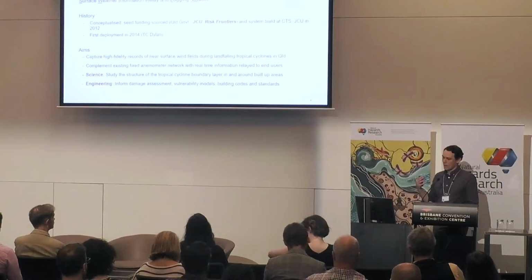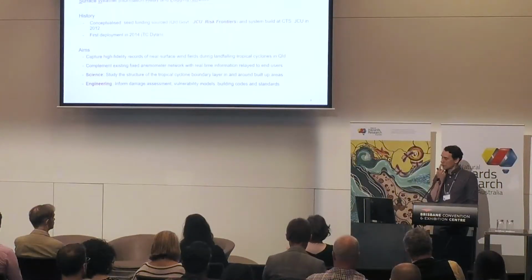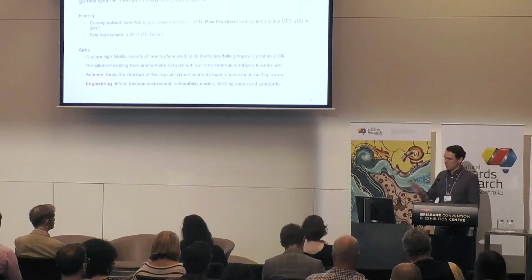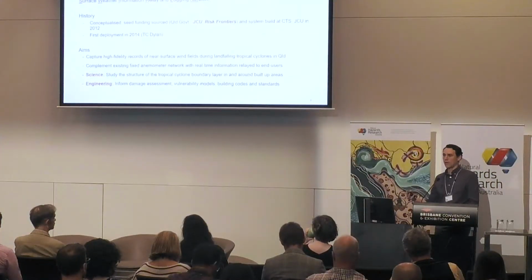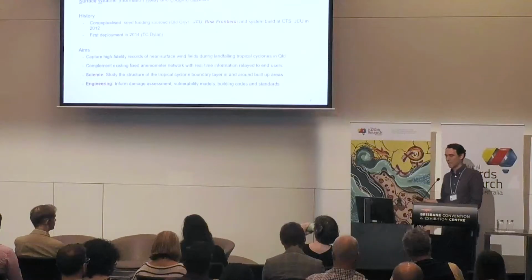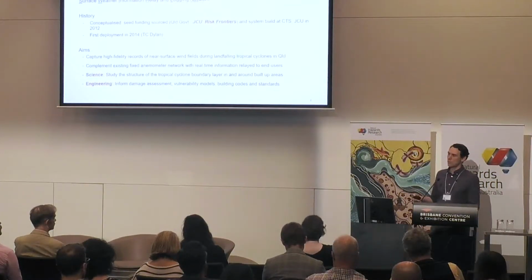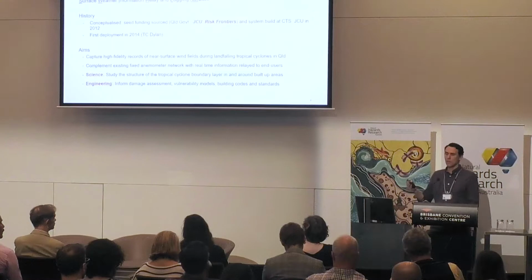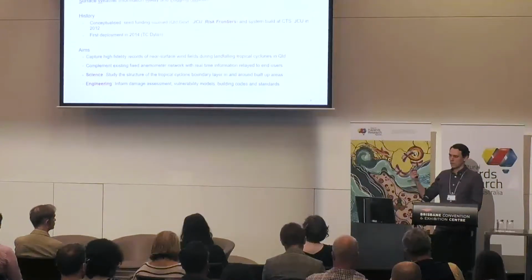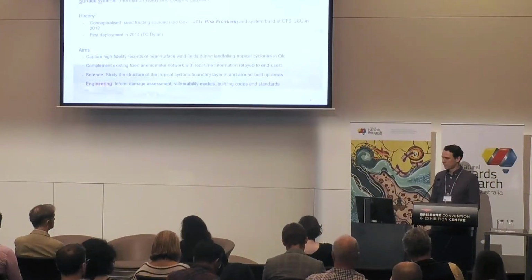As part of the work that James Cook and Cyclone Testing Station do, as well as GA after these events, they go out and look at the damage that has occurred. If we have direct measurements of the actual wind speeds, we can have a very nice linkage between, at this wind speed, we had this damage, and then we can draw lessons from that.